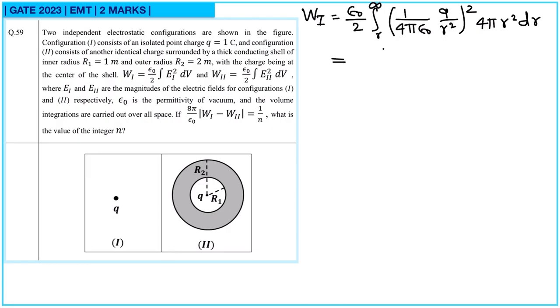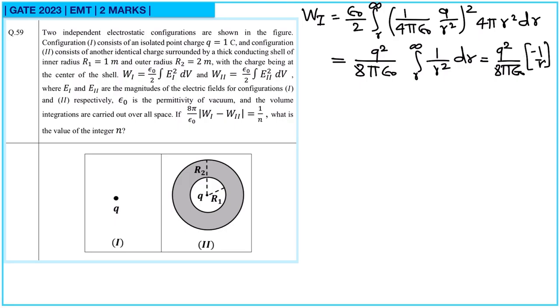So this is equal to, here we have 4 pi and outside 4 pi, so one 4 pi will cancel out, one epsilon naught will cancel out, and with this 2, so this will be 8 pi epsilon naught. Also this q square we can take common, so then we have integration from r to infinity of 1 upon r square dr, and this integration is minus 1 upon r. So this is q square upon 8 pi epsilon naught into minus 1 upon r.